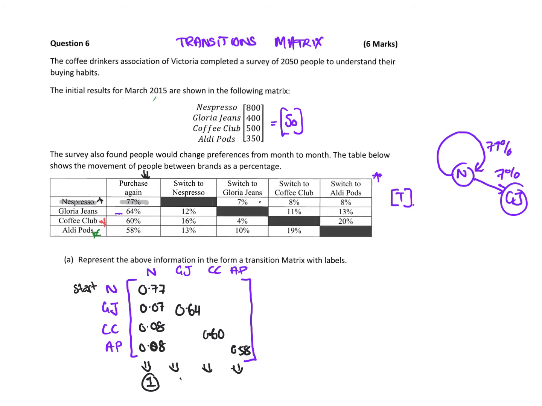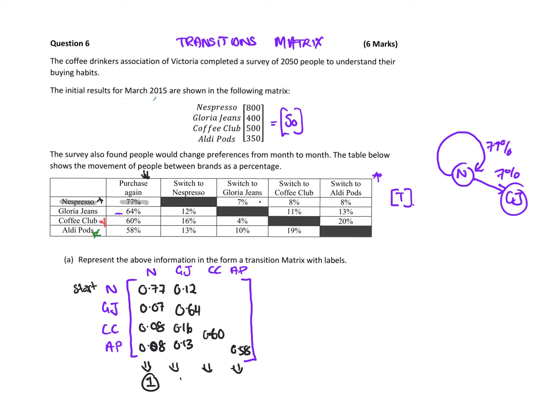You'll see they all add up to 1. Then the next one, from Gloria Jeans to Nespresso, is 12%, Coffee Club 1.6 and 0.13 there.